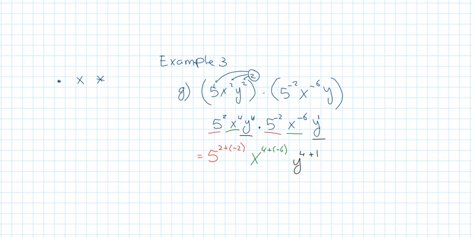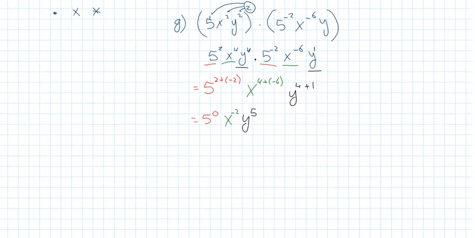So what's 2 plus minus 2? 0. So that's 5 to the power of 0. How about x? x to the power of negative 2. How about y? y to the power of 5.